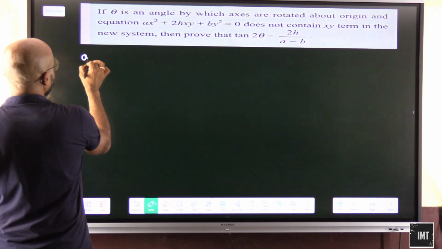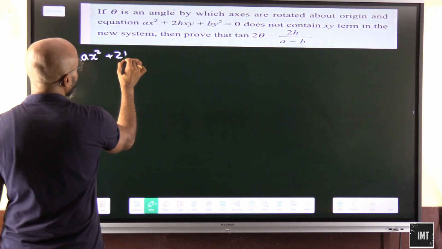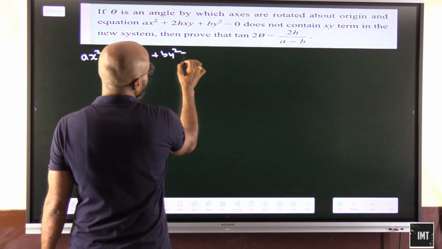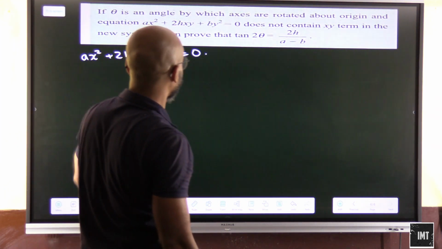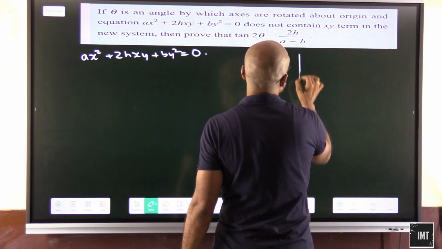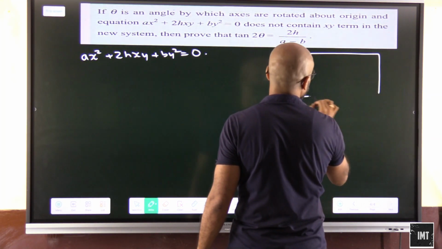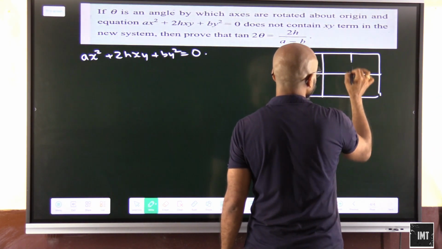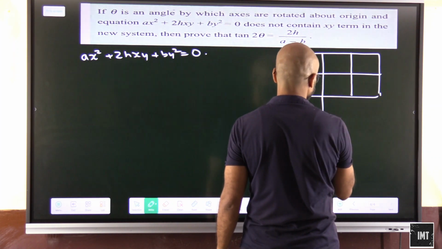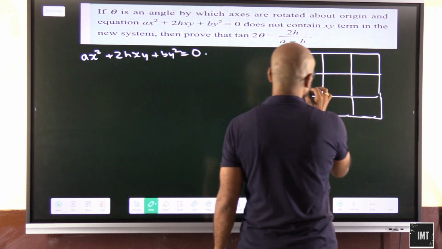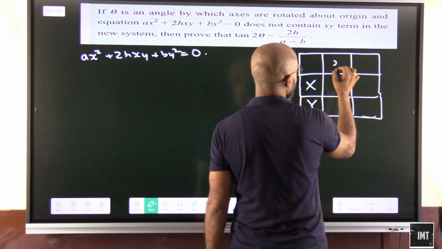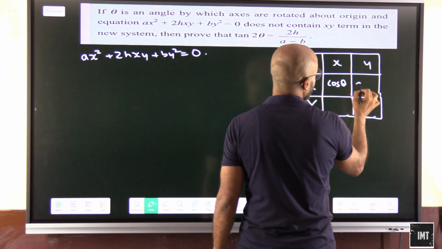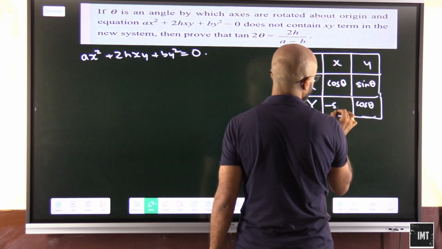So we have here ax square plus 2hxy plus by square is equal to 0, which does not contain any xy term in the new system. So let's say we plot the new system and the old system, with cos theta, sin theta, minus sin theta.